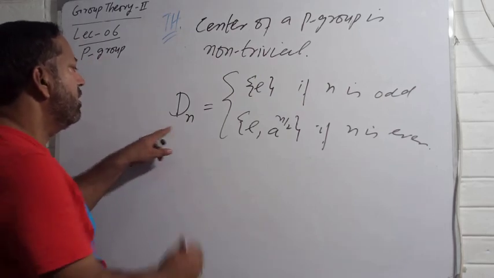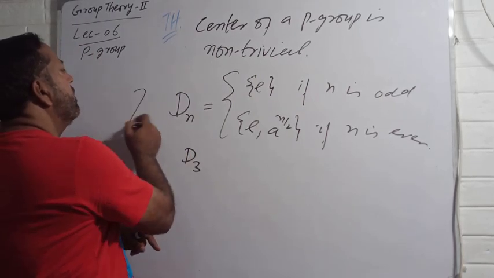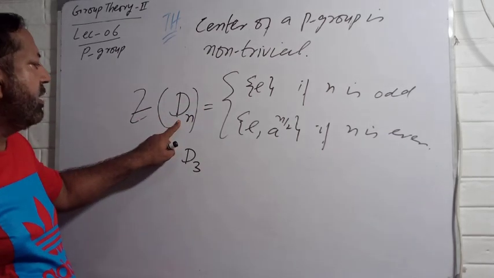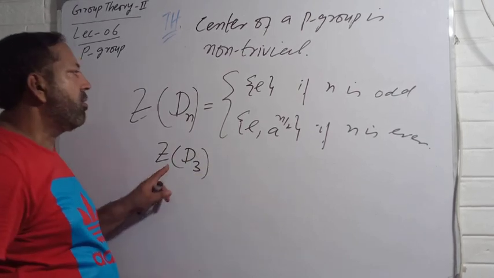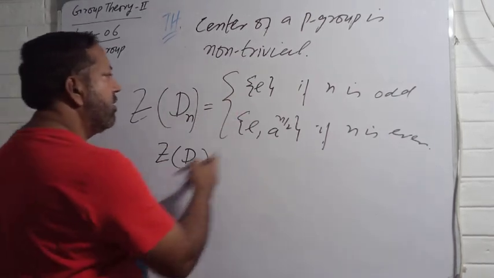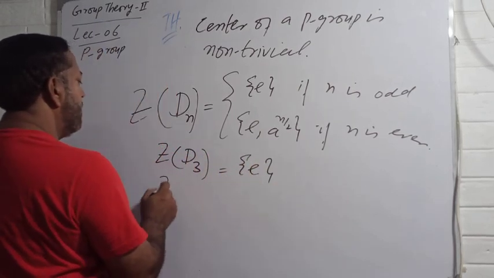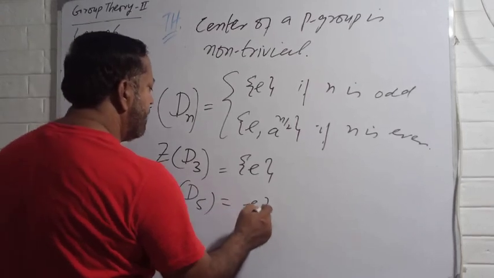So look, this is the center of D3. According to this, the center of Dn for n odd is the identity element. The center of D5 is the identity element.